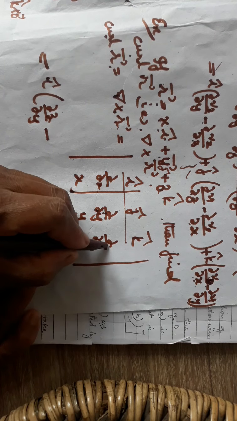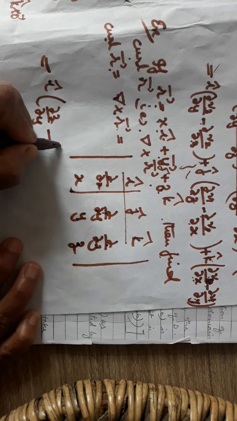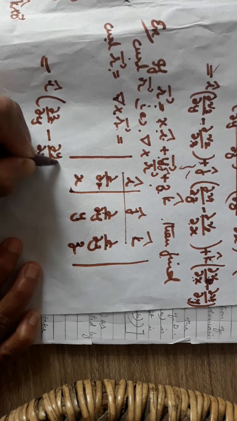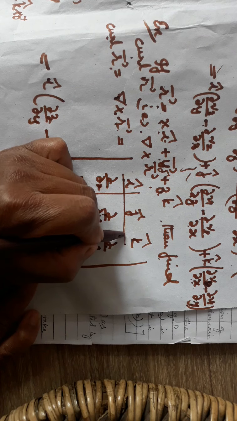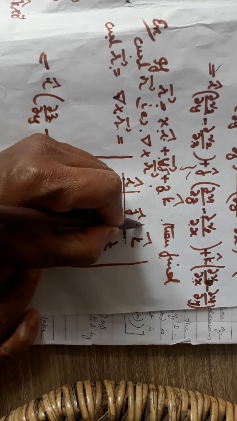del y minus del y del z, and then plus j cap, where you eliminate the first row and the second column now.